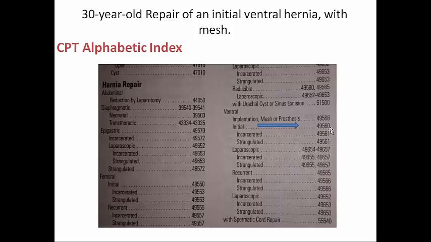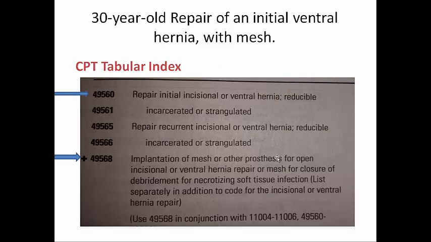Remember, you always have to look it up in the tabular as well. So I'm going to go to my tabular. I find 49560, and that looks exactly like what I did. It's reducible because I never stated it was incarcerated or strangulated. And here's my plus for the add-on code. I also have my add-on code for my implantation of mesh because mesh is not included with this code.